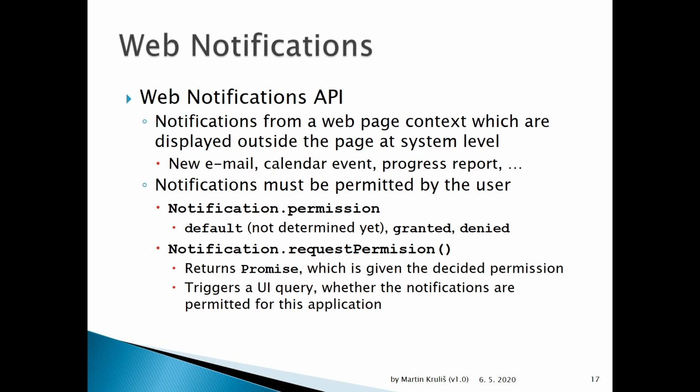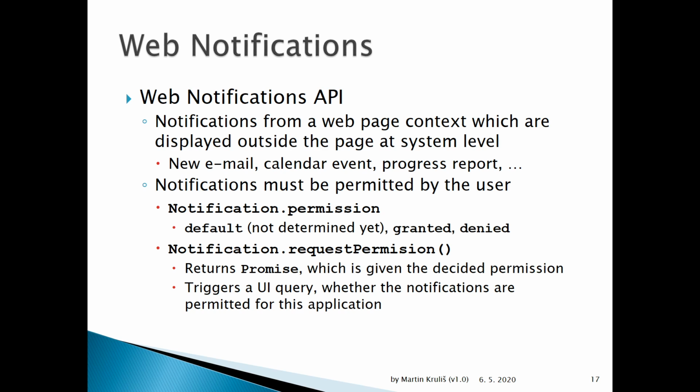The last API I would like to present in the first part of this lecture is the Web Notifications API. This API allows the browser to notify the user about very important events, such as a new email, a pending calendar event, or some progress report, which might be very important for the user, but the browser may not be visible at the moment, or the current tab that wants to make this kind of notification is not currently on top.